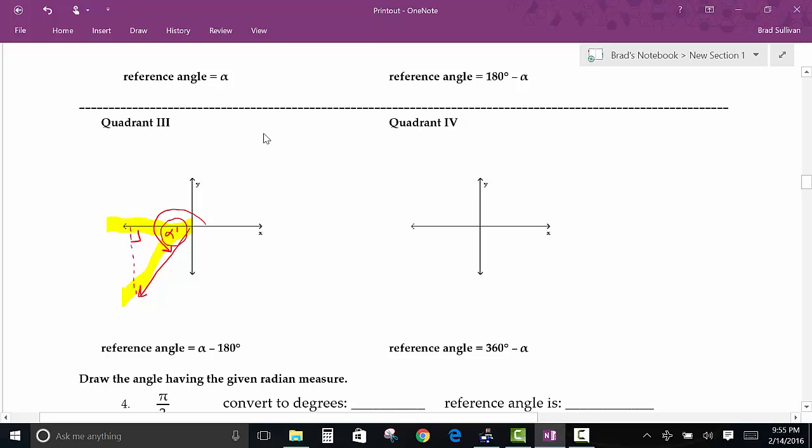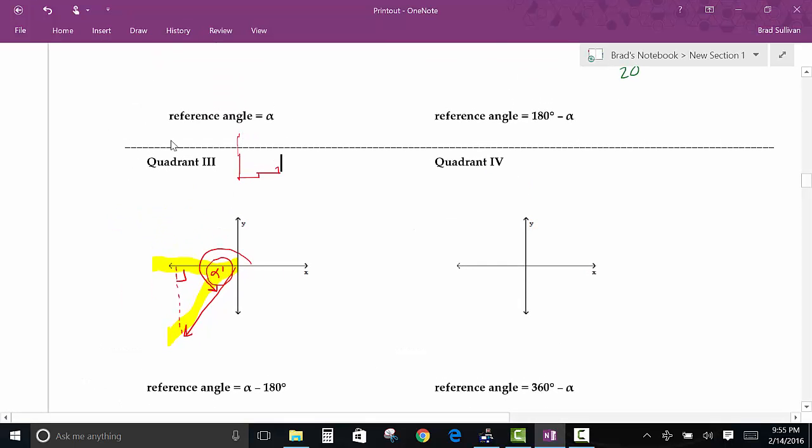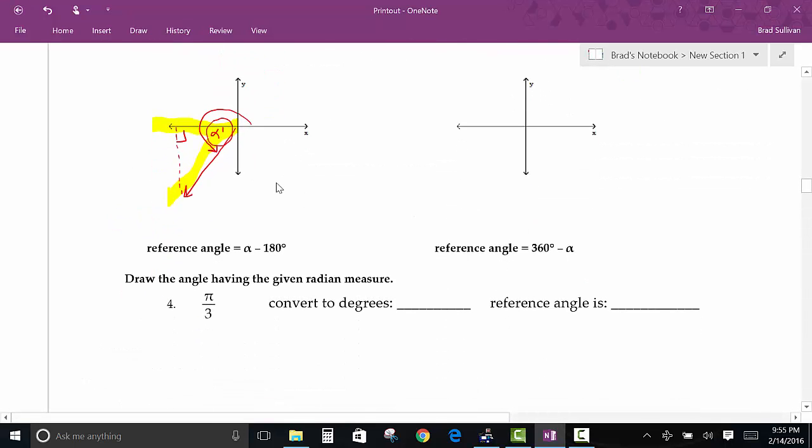Okay. So for instance, say that you had a 210 degree angle. If we have a 210 degree angle, that's a quadrant 3 angle, it would go like this.